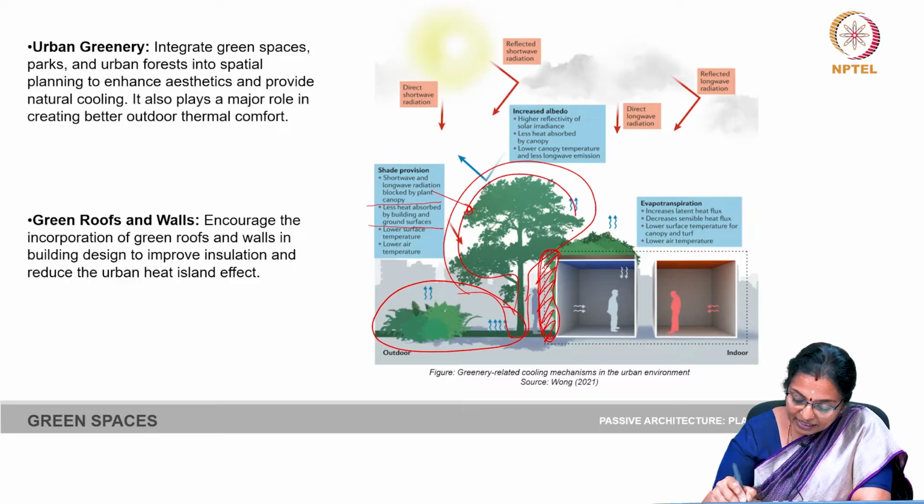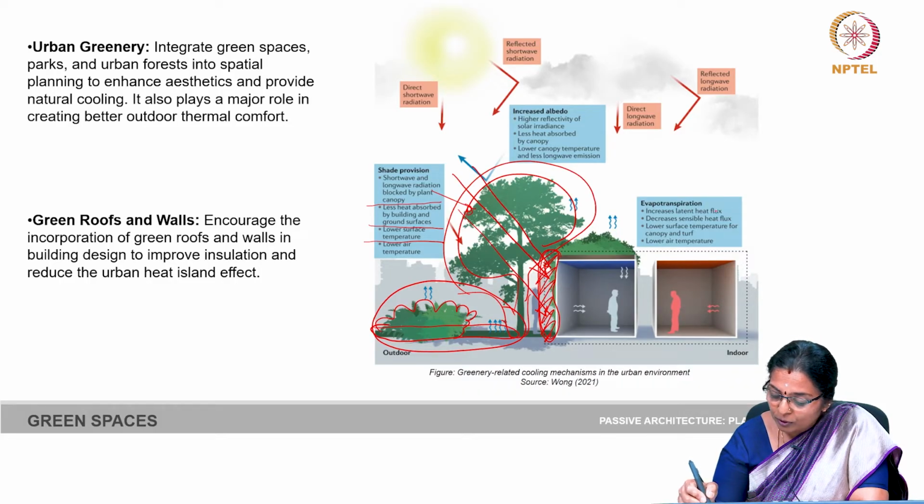This greenery is preventing the solar radiation from hitting the wall, and you will have lower surface temperature if you have sufficient ground covers, and you will have lower air temperature if you have sufficient shrubs.